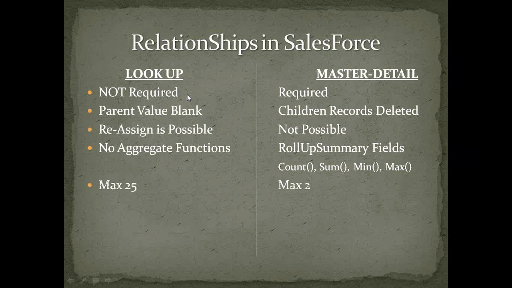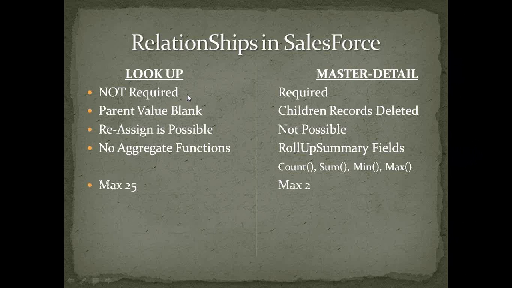Why am I saying primary? Whatever the attributes, the properties will be inherited to its child. Whatever the security settings and other settings, they are going to be inherited from the primary master-detail relationship object. So that is called the primary relationship. Okay, and we will see later when we see many-to-many relationships.